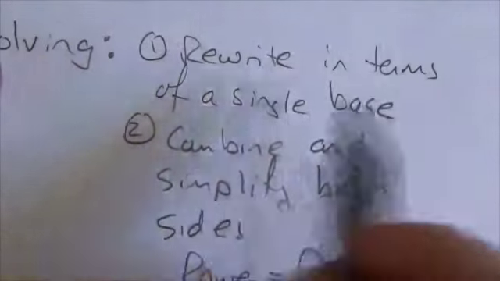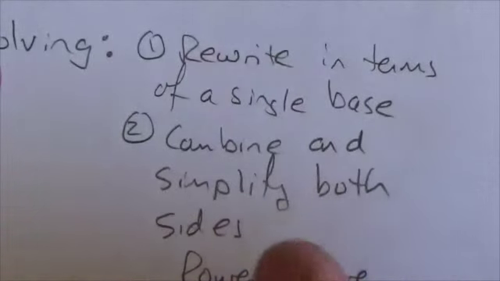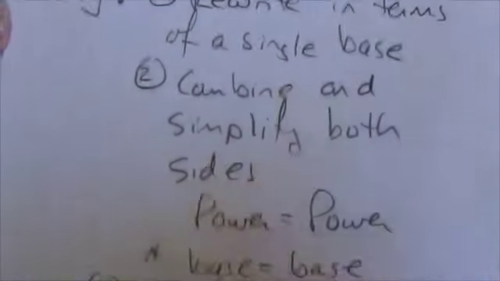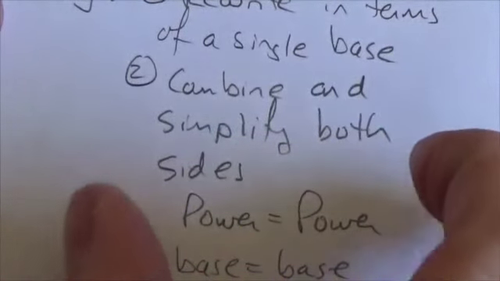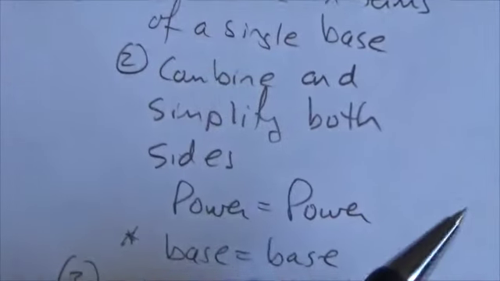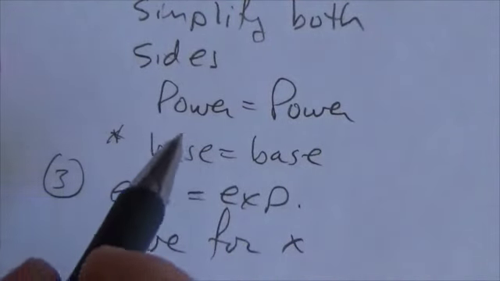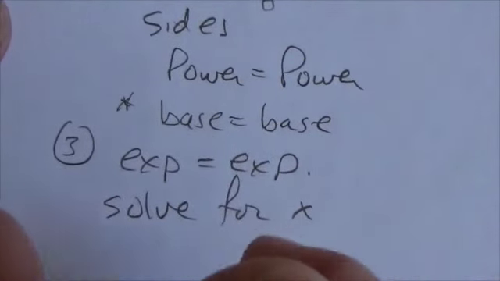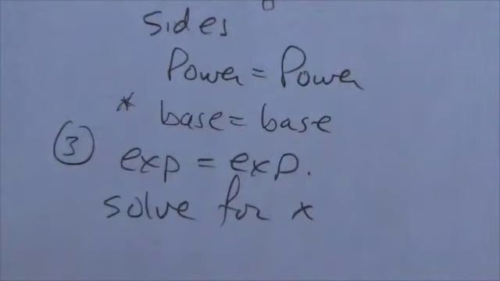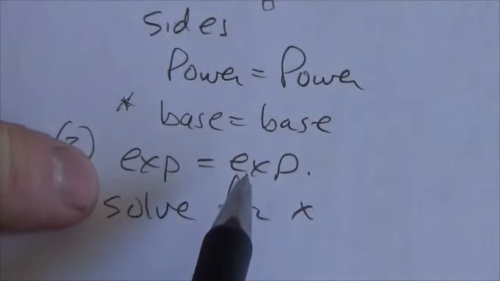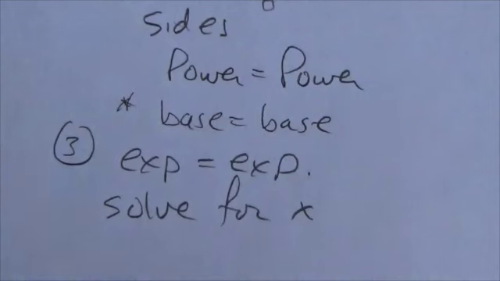Rewrite everything in terms of that single base that you see as being common to every power. Combine and simplify both sides of the equation. What we want to be left with is power equal to power, where the bases are the same. And that means if everything is equal, the exponents must be equal. That's where I'm going to do the work to actually do the solving.